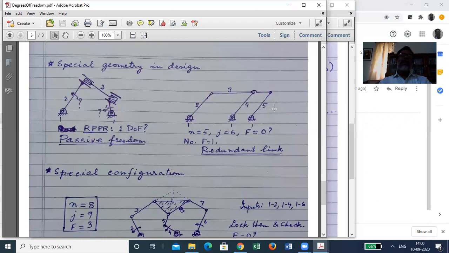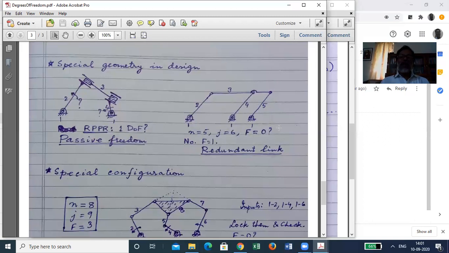How did this happen? Because this link is actually functionally redundant. So if you remove that and therefore remove the pairs also, then you get a simple 4-bar mechanism for which you know the degree of freedom to be 1.